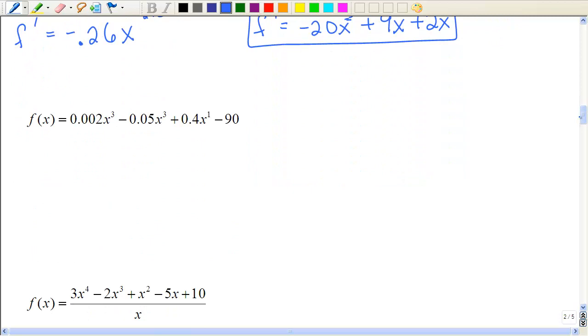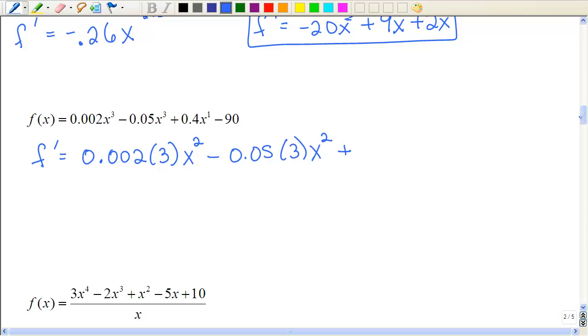All right, so now this one again is an exercise in decimals. So we keep the number in front, we bring down the exponent and do 1 less than the exponent. Number in front, bring down the exponent, 1 less. Number in front, bring down the exponent, which is a 1.